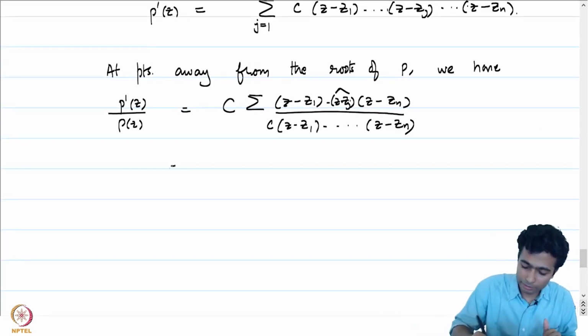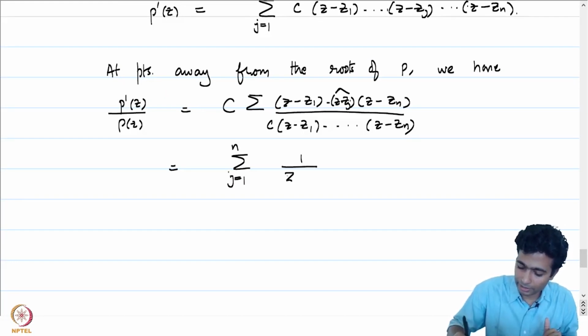And this is nothing but the summation, j equal to 1 to n, of 1 by (Z minus Zj).